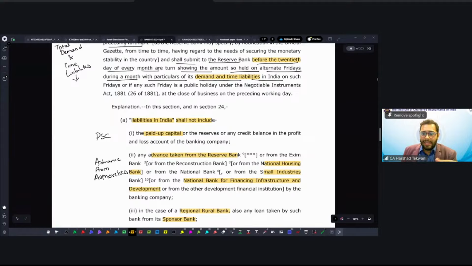Majorly, if you see the regulation, RBI has provided guidelines on what is not required to be included, and apart from that, you include the rest of the things into the DTL.